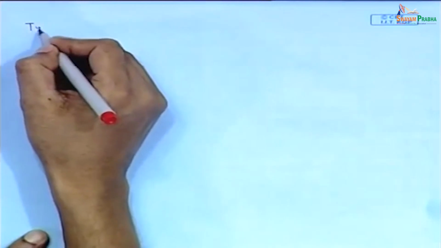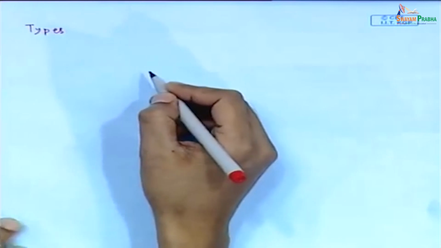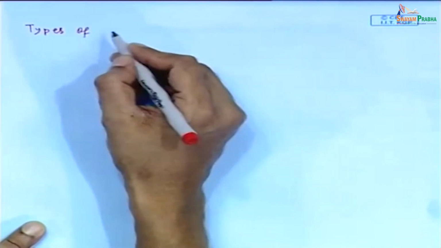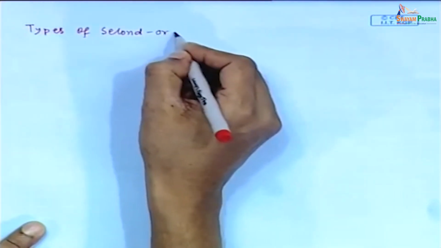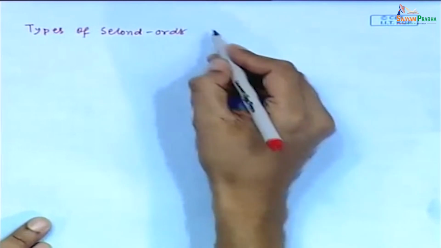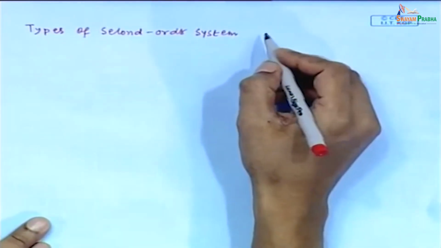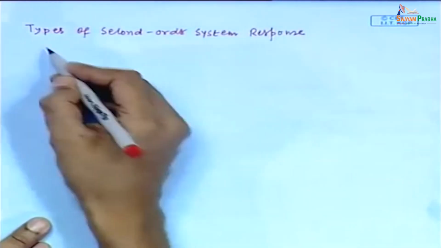Okay. Now we will discuss the types of second order system response.